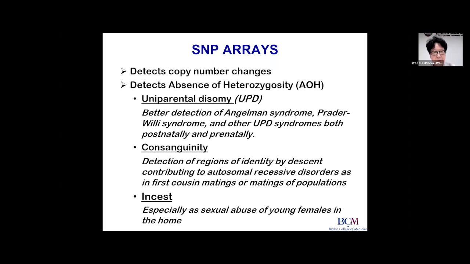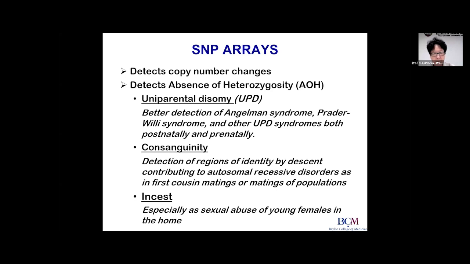So the important thing to remember, by detecting absence of heterozygosity, we could detect uniparental disomy, such as Angelman syndrome, Prader-Willi syndrome, and other UPDs. Both can be detected postnatally and prenatally.